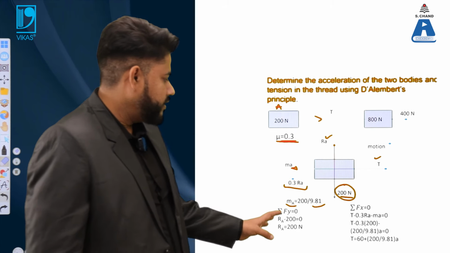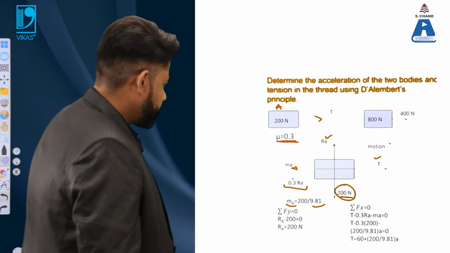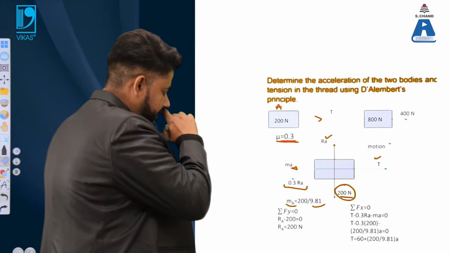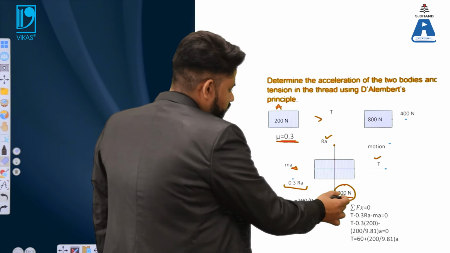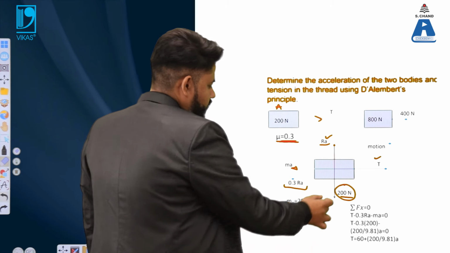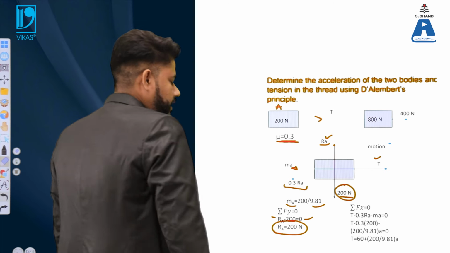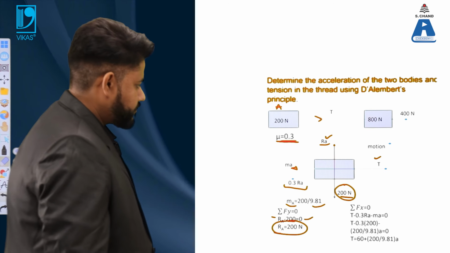Both forces are to be considered equal to 0. First we consider the y direction force, which involves 200 and Ra. So Ra minus 200 would be equal to 0 because they are in opposite directions. From there Ra can be determined easily, which is 200 Newton.